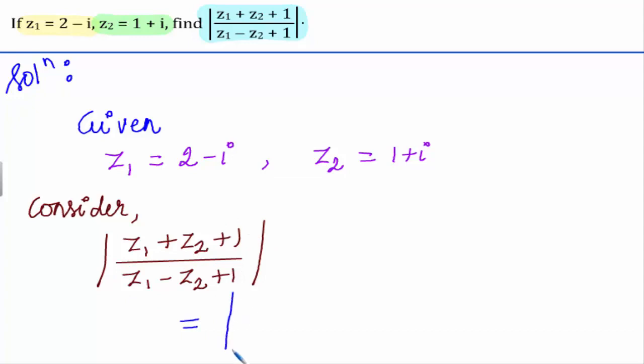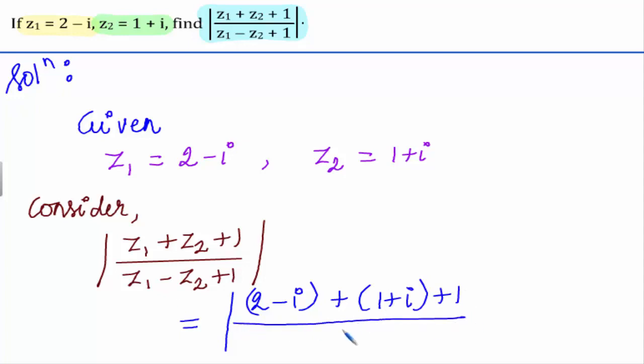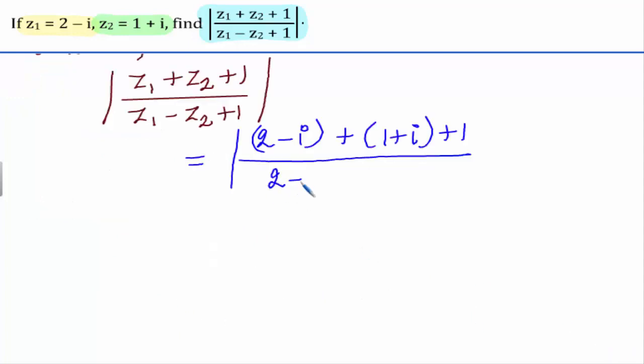We get modulus of (2 minus i plus 1 plus i plus 1) divided by (2 minus i minus of 1 plus i, plus 1).